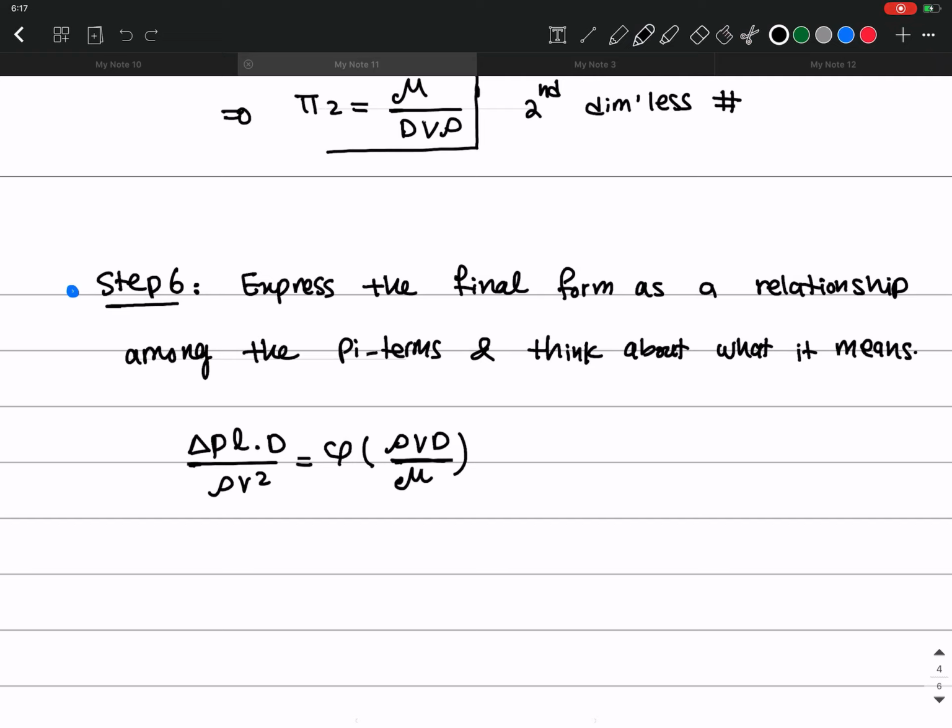So now I want to make some interpretations. What does this relationship mean? I have found a relationship for delta PL. Let me write this correctly. So delta PL and other variables, the fluid variables and pipe variables. So I want to see what this means.